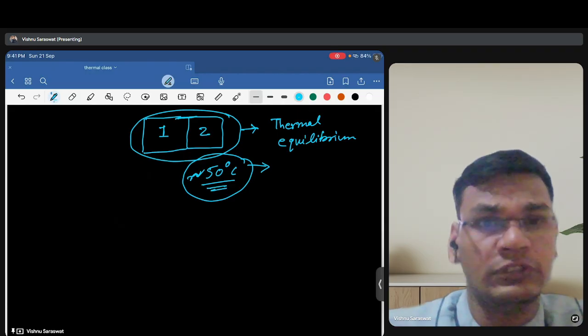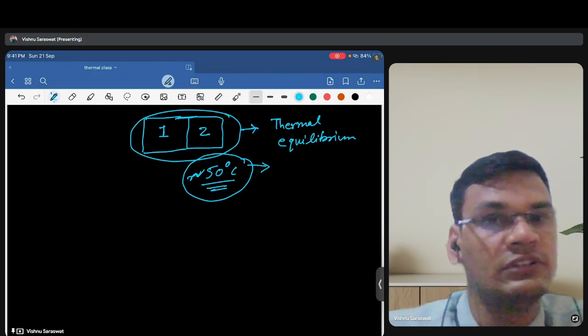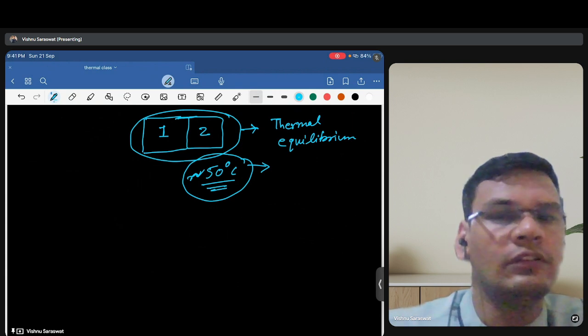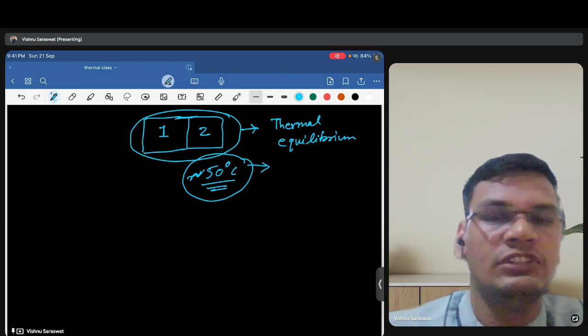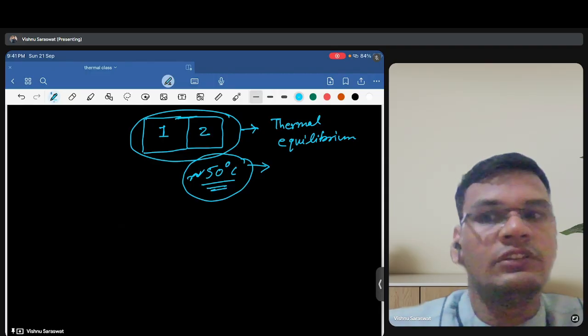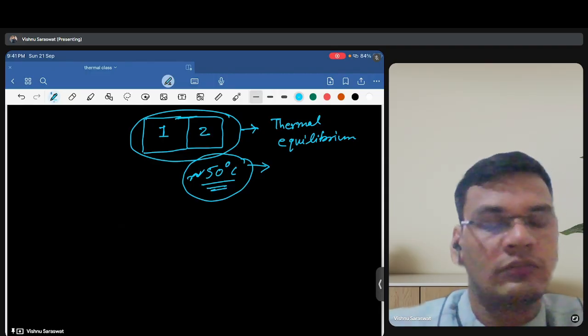Then come to luminous intensity. The unit of luminous intensity is candela, and quantity of substance is measured in mole. So these are the seven fundamental quantities, and temperature is one of them.